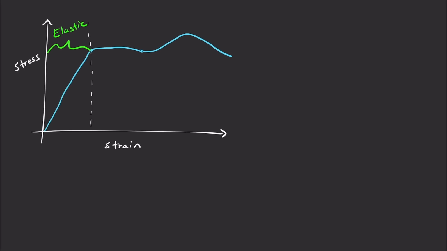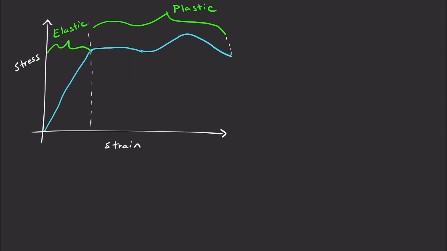Once you pass this elastic stage, you get to a plastic region where objects behave plastically. If you stretch them too much or apply too much stress, they go into this region where they're no longer going to elastically return to their original state.